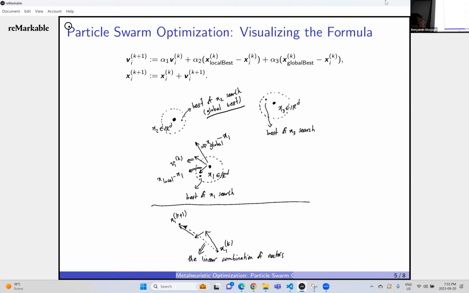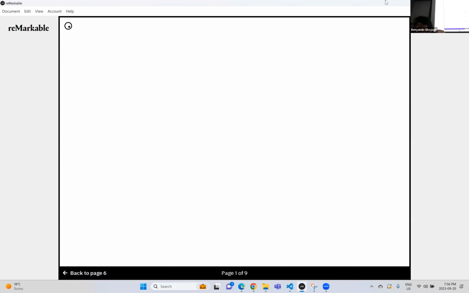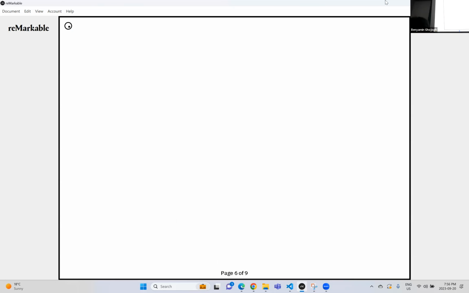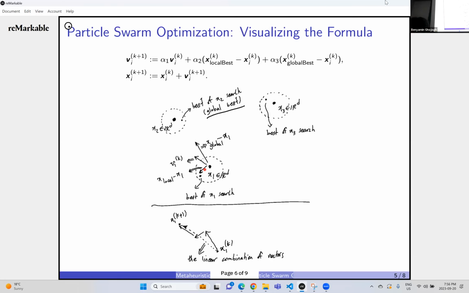Now I want to find the velocity vector for updating x1. I should have a vector connecting x1 toward its local best. So x local minus x1 means the vector connecting x1 to x local. This is this term.